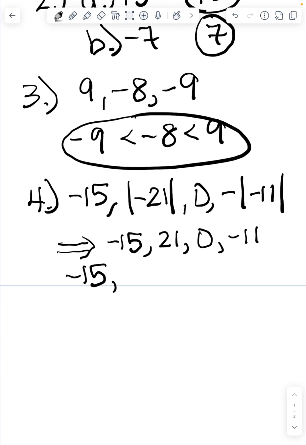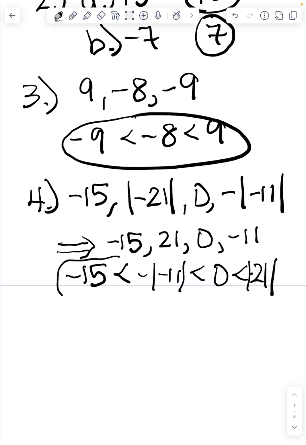Next one would be the -11, which was originally written as the opposite of the absolute value of -11. Oh man, I just realized here I wasn't writing the less than symbol. I was writing the commas. Okay, so we have -15, which is less than the opposite of the absolute value of -11, which is less than 0, which is less than the absolute value of -21. And that would be your final answer.